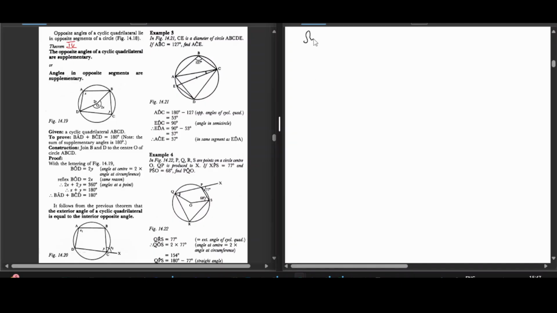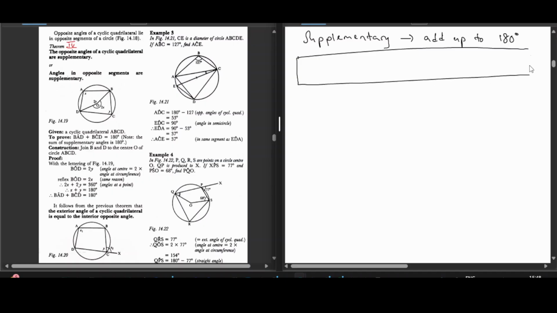The word supplementary means they add up to 180 degrees. So if angles are supplementary, when we add them they give us 180 degrees.